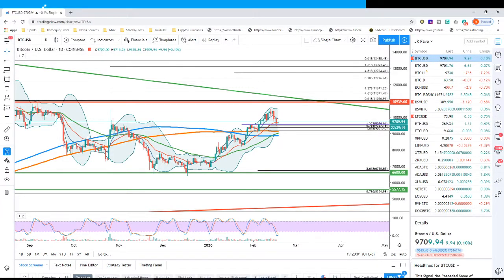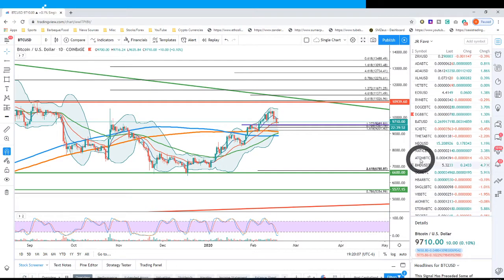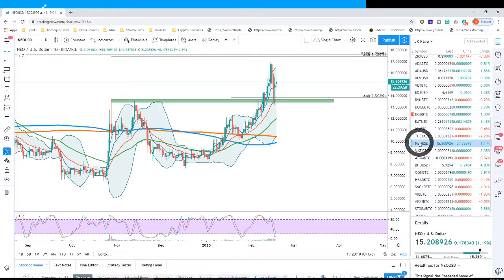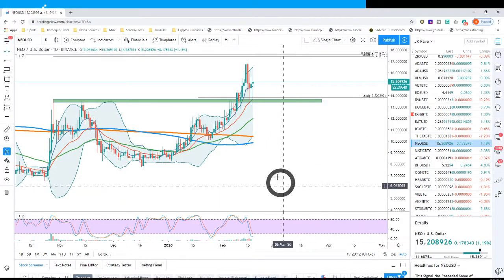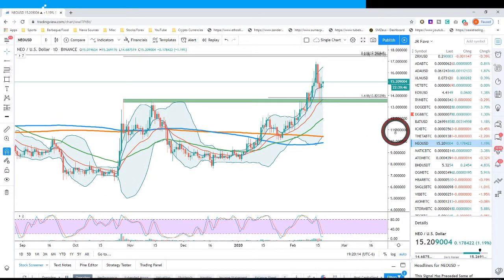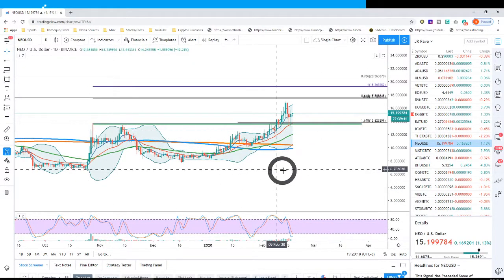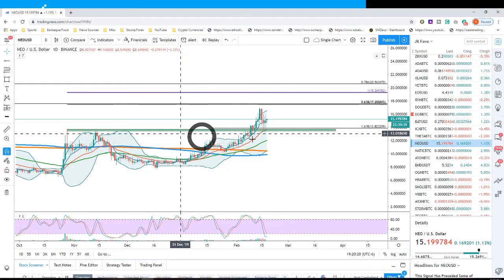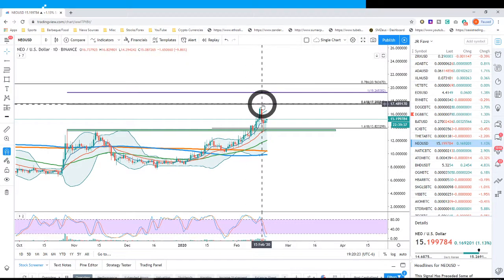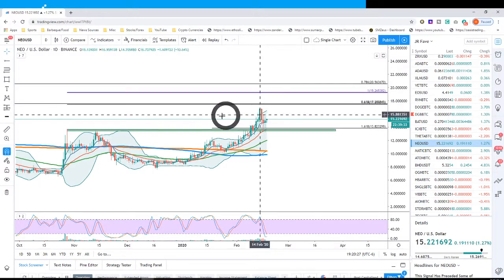All right. Todd wanted to see NEO. Let's go look at NEO. That's interesting. Basically, with NEO, we had drawn this a while back, and it came short of this fib cluster resistance.